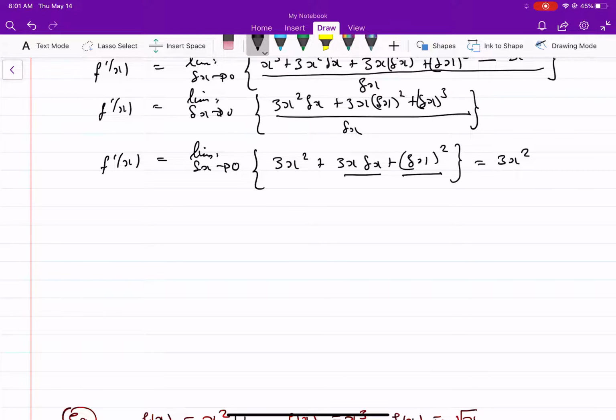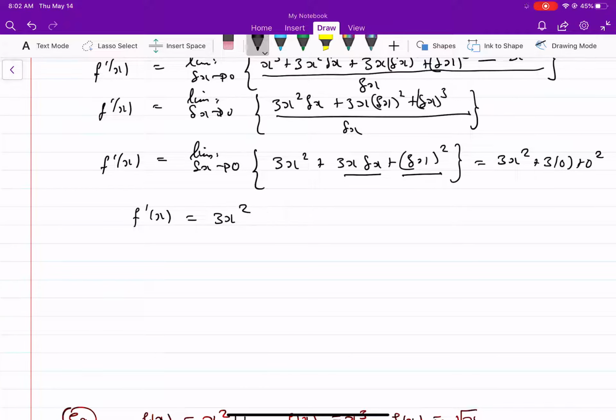Remember, I'm plugging in delta x as 0, plus 0 plus 0. Or technically, if you want, plus 3 times 0 plus 0 squared. f prime of x is therefore 3x squared, which we knew from our regular differentiation.